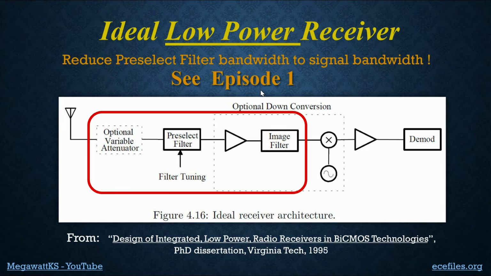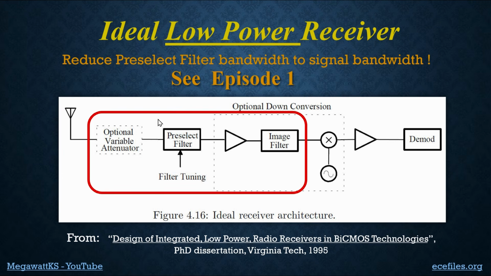So what is the upshot of all of this? Well, it is filtering. We really need good pre-select filtering before our low noise amplifier, unless we're in a benign environment like a satellite dish pointing up into the sky and there's no strong signals anywhere near. But for everything else, we need a pre-select filter before the LNA. And this is what I'm calling an ideal low power receiver.